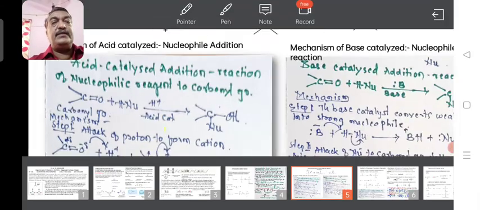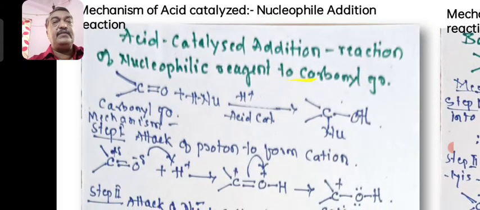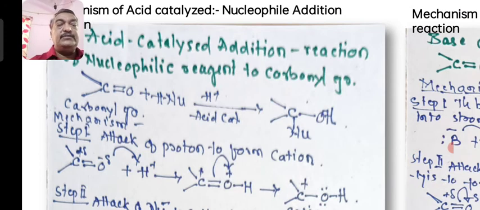In the acid catalyzed reaction, the nucleophile in acid H plus gives the product containing Nu and OH, that is a hydroxyl nucleophilic substituted product of the carbonyl group.